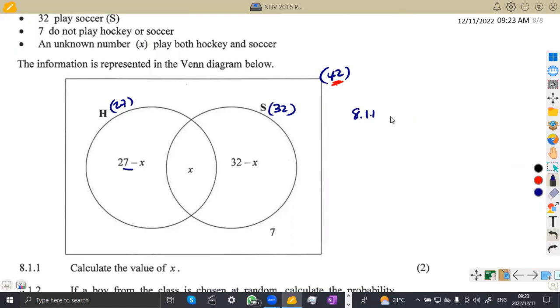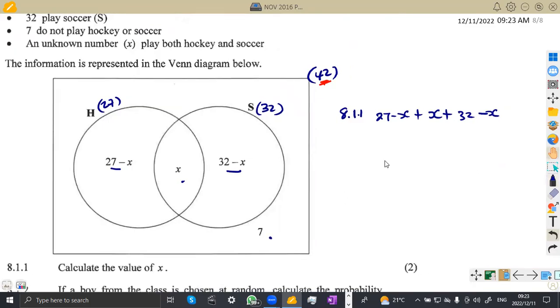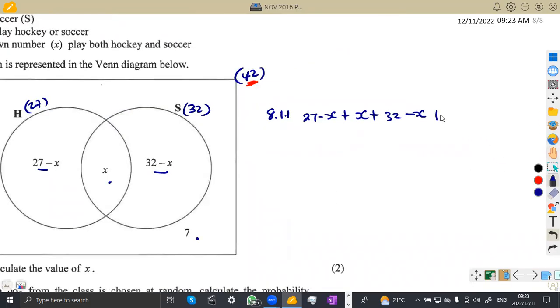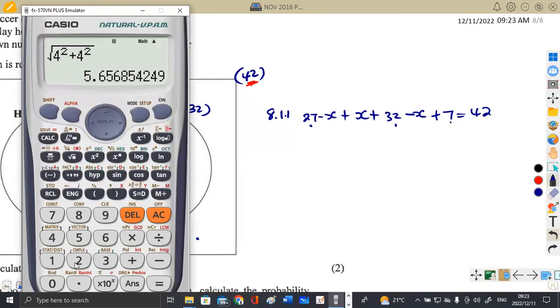So we've got 27 minus X plus 32 minus X, plus the 7 outside there. You have to add it also. So plus 7, everything must give us 42. All right, let's add the numbers: 27 plus 32 plus 7.